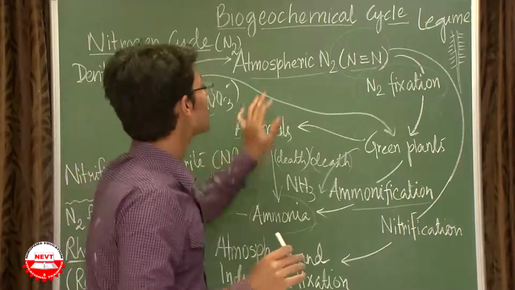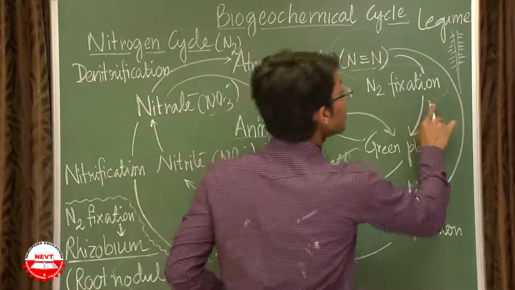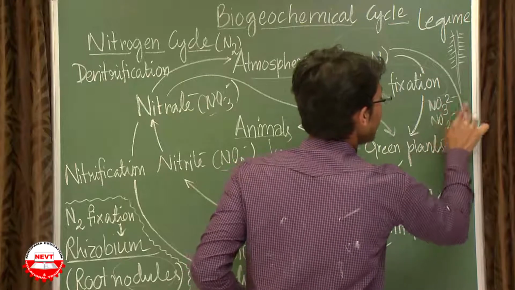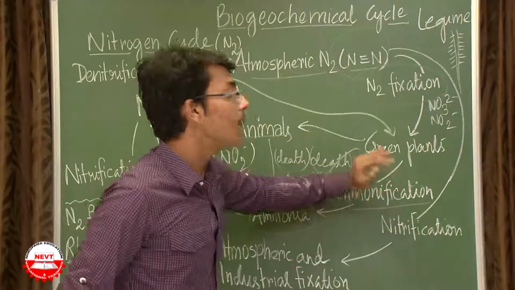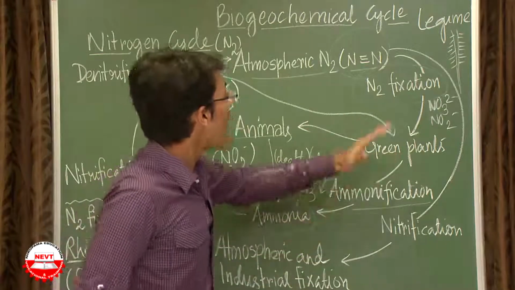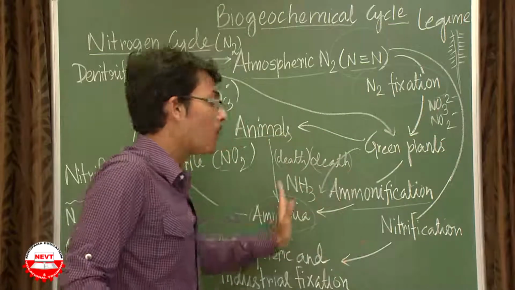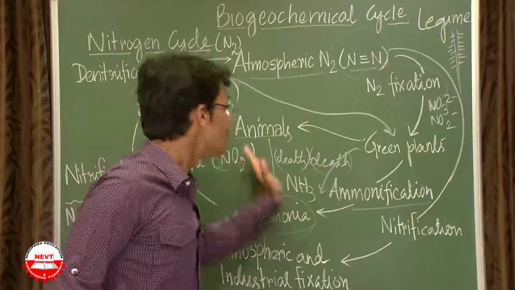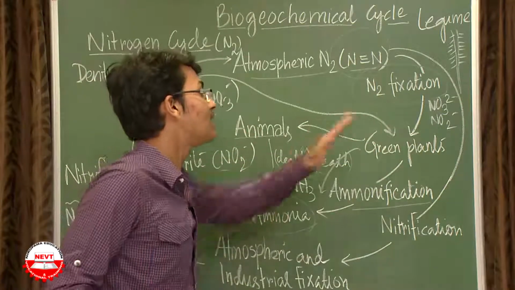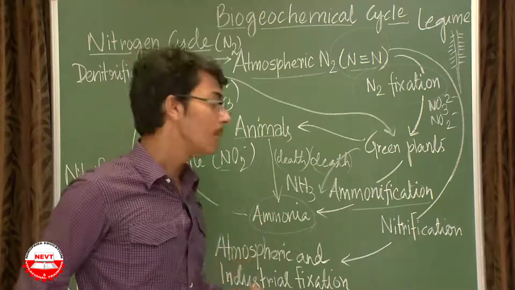I am repeating once again: we have atmospheric nitrogen, it is being fixed. Here there is formation of nitrate and nitrite, NO3 and NO2. These are being assimilated in the green plants. These green plants after death give back this nitrate and nitrite in the form of ammonia. Animals who eat these green plants again return this nitrate and nitrite in the form of ammonia back to the soil.